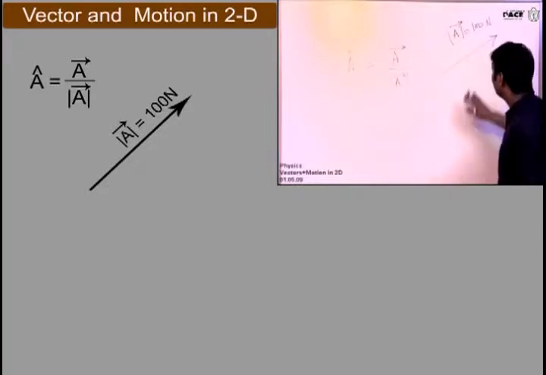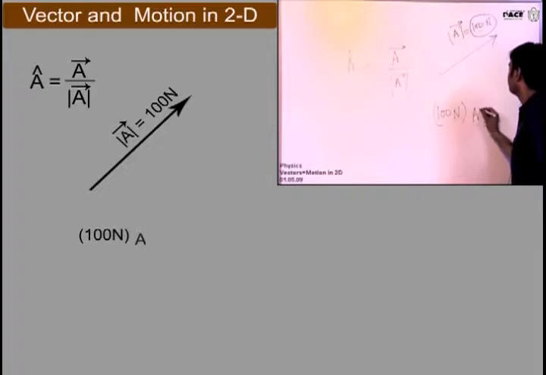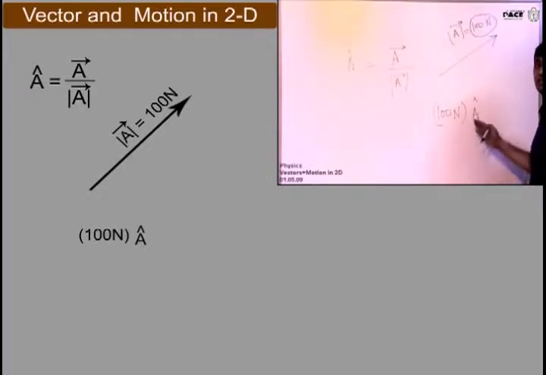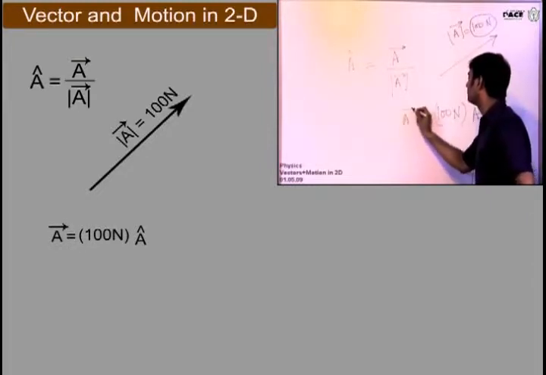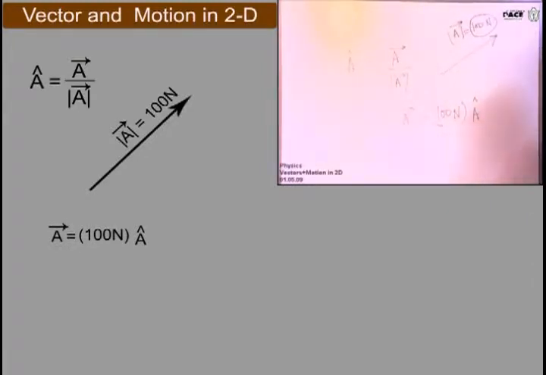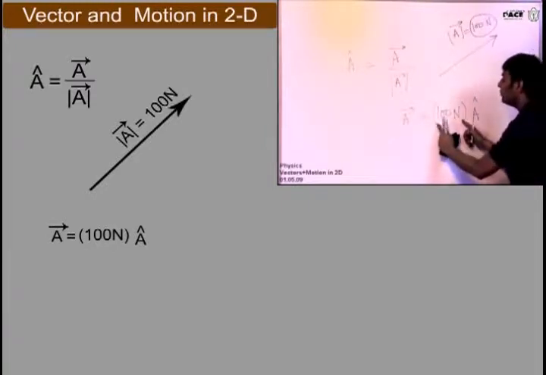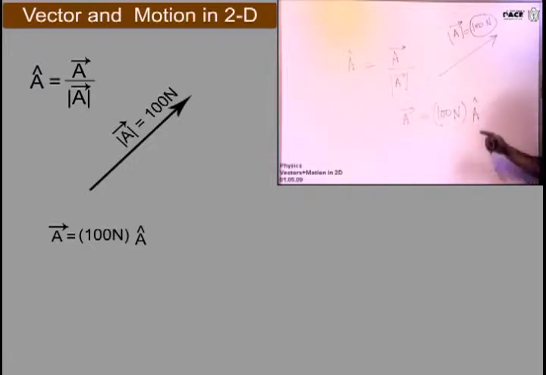Please understand this. If I say 100 Newton is the magnitude multiplied by A cap. A cap is a unit vector along A. This will be A vector. All you have done is multiplied it there. So you are saying 100 Newton will be the magnitude into a unit vector. Unit means magnitude is what? 1.